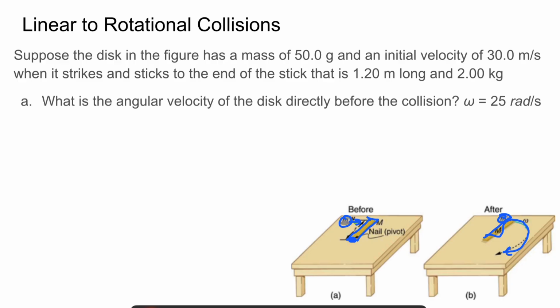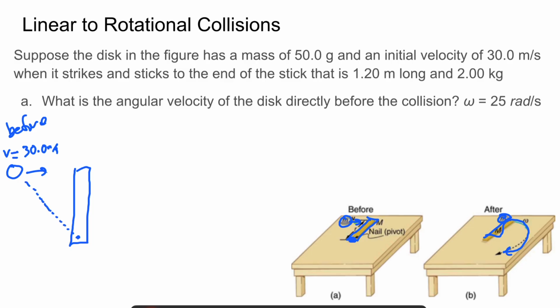So let's first find the angular velocity for the puck. Before the collision, its velocity is 30 meters per second, moving towards the stick. At any point, we can think about its radius away from the point of pivot that it will eventually pivot around once it starts spinning with the stick.